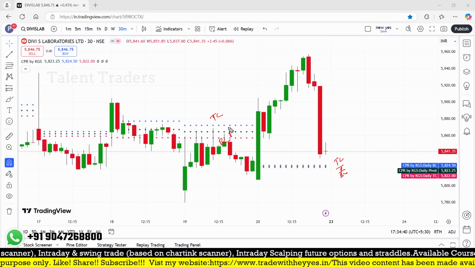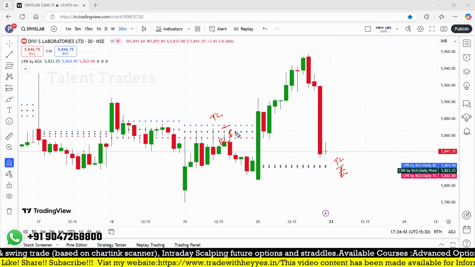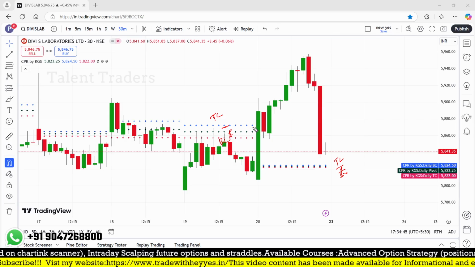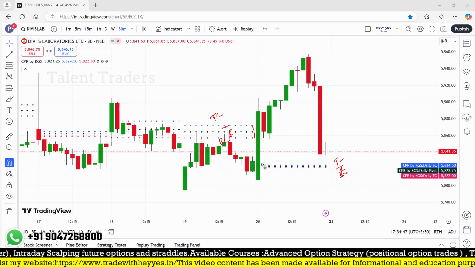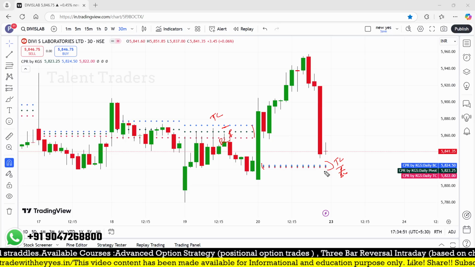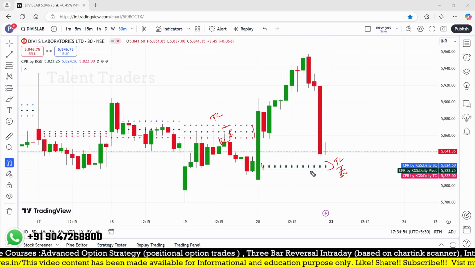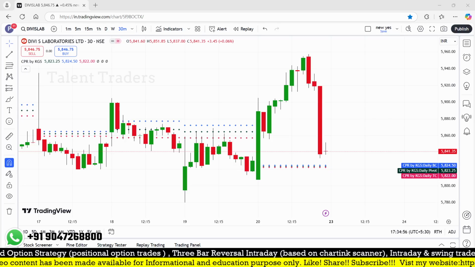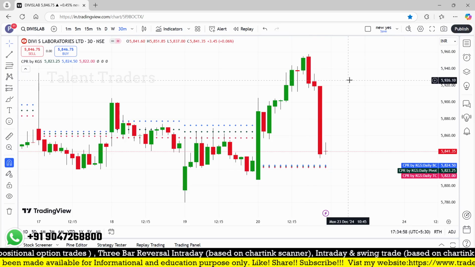This is a normal condition. Comparing to that, yesterday's range and today's range is very narrow. So if it is forming a narrow CPR, the expected movement should be a trending move.